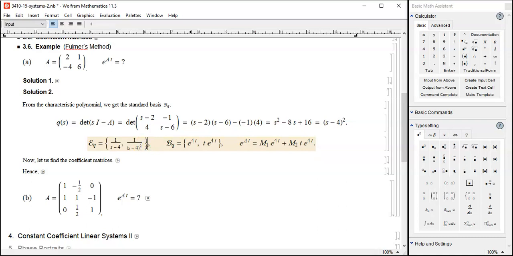And then BQ, those standard basis functions associated to these two by taking a Laplace inversion, will be e to the 4t and t times e to the 4t. And then the matrix exponential can be written as the linear combination of these two basis functions, BQ. And then we have this M1 and M2 like this.